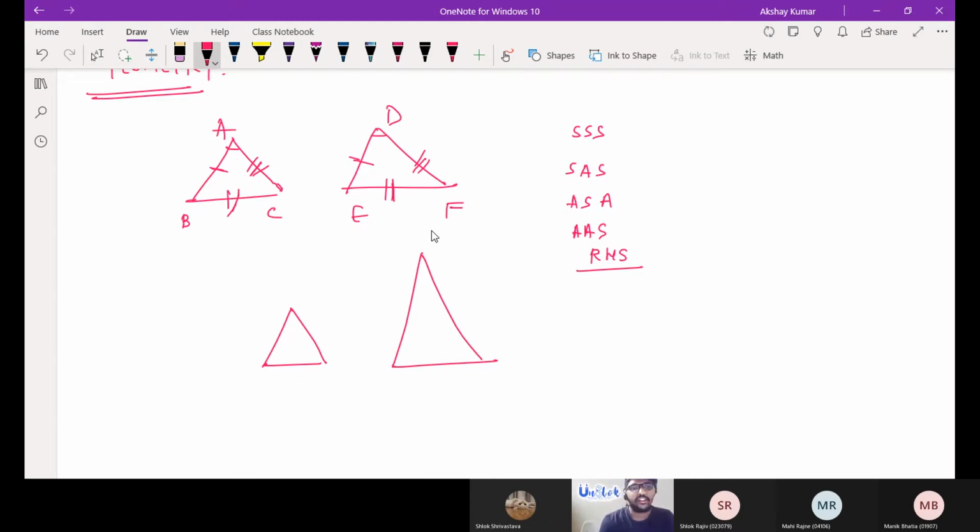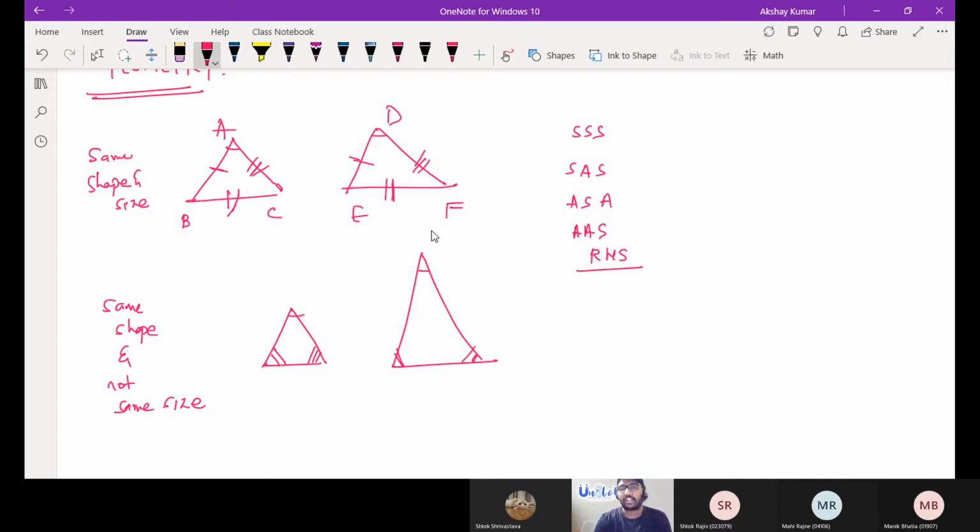In congruency, they had the same shape and the same size, whereas here they will have the same shape, but not the same size. That would be the difference. When I say same shape, the angles will always be the same, whereas the lengths of the sides would be different.